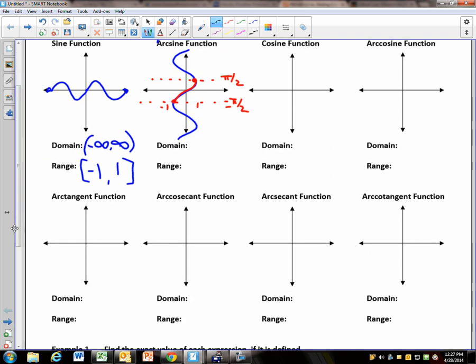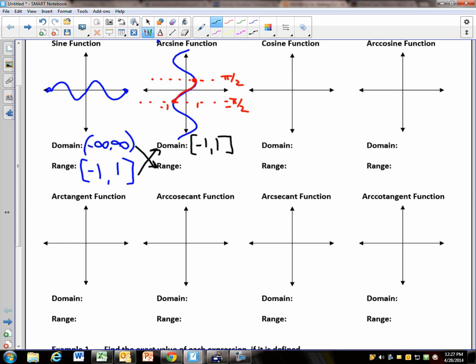Do you remember when we did that inverse stuff, that the range became the domain, and the domain became the range? So negative 1, positive 1 is the domain. But we had to restrict the domain to negative 1, positive 1. As you can see here, we don't want the range to go all the way through, otherwise it won't be a function.